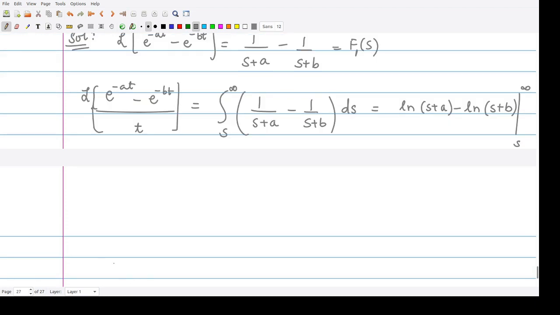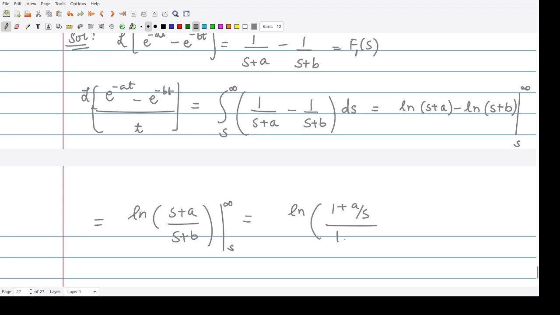Right? So what do we have here? We can club this term. So we would have log of (s plus a) divided by (s plus b), and before substituting the limits as infinity, you just have to divide by s. So we would have (1 plus a divided by s) divided by (1 plus b divided by s), and the limits vary from s to infinity.